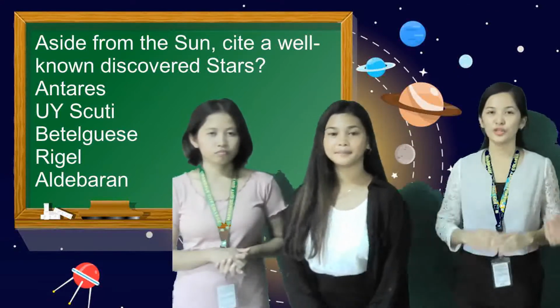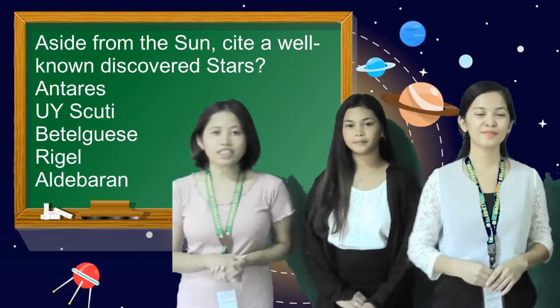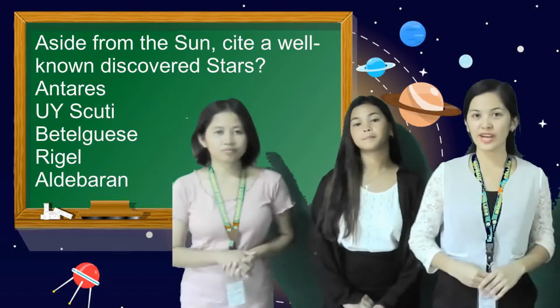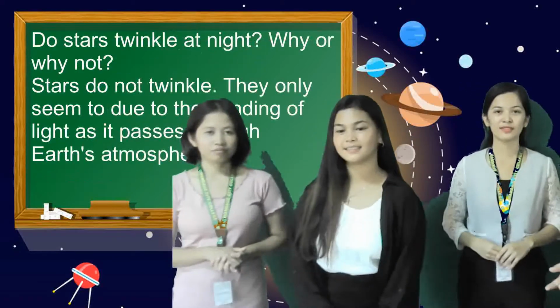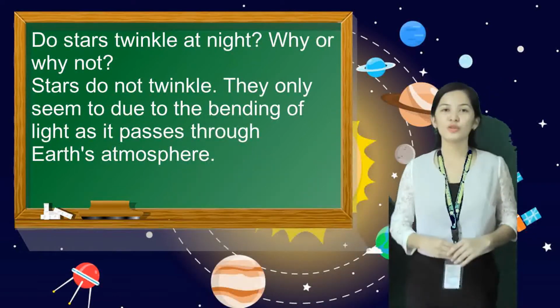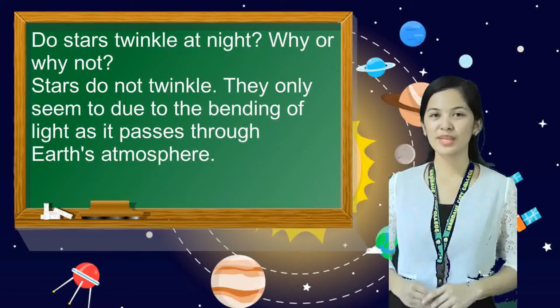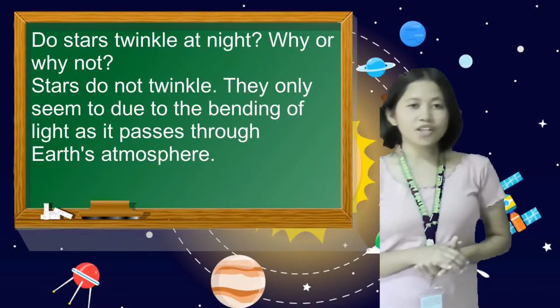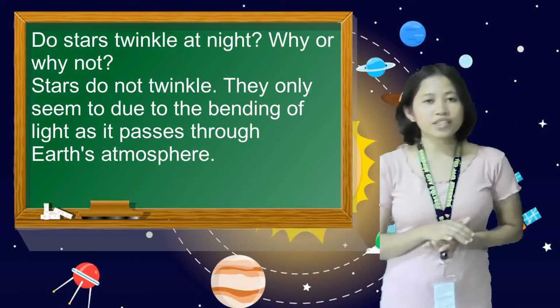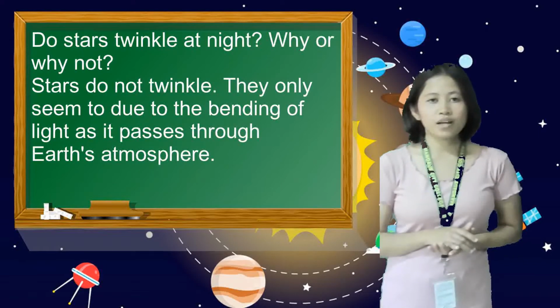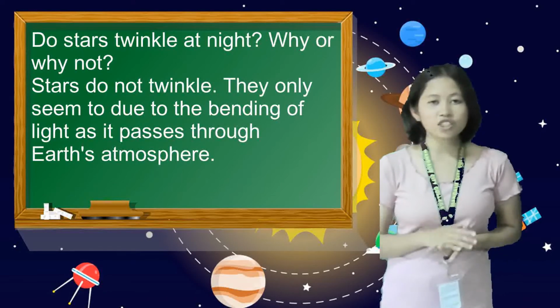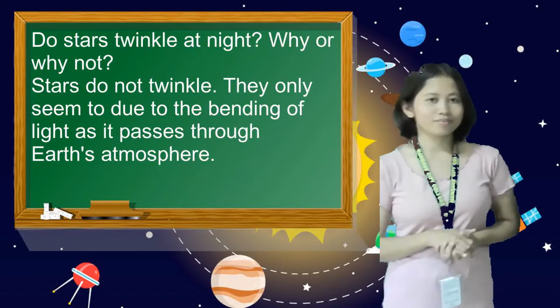Antares, UY Scuti, Betelgeuse, Rigel, Aldebaran. Do stars twinkle at night? Why or why not, Miss Angana? Stars do not twinkle. They only seem to, due to the bending of light as it passes through Earth's atmosphere.